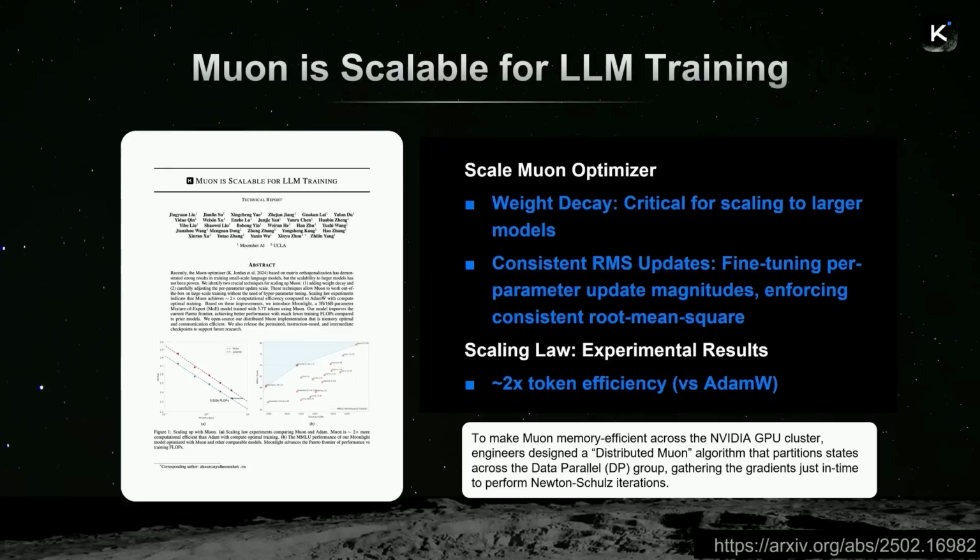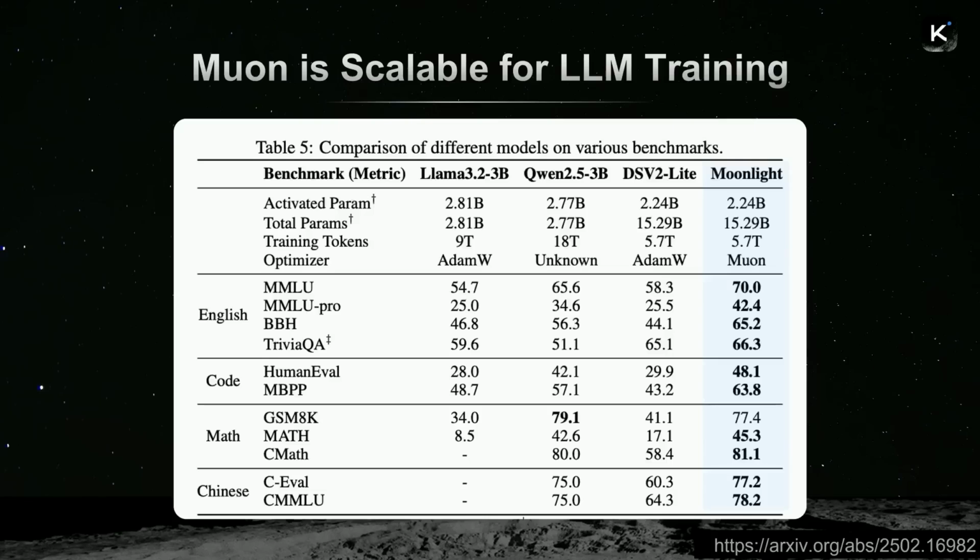And to make Muon memory efficient across all these NVIDIA GPU clusters, we also developed a distributed Muon optimizer implementation that partitions the states across the data parallel group, so that we have a very efficient implementation for the Muon optimizer.